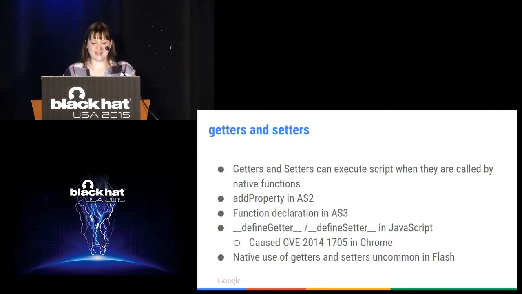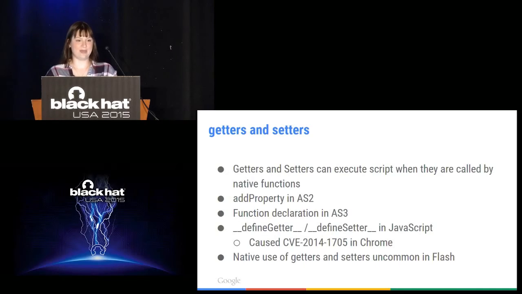The last one is getters and setters. And these are functions that can be defined that execute script when they're called in general, including by native functions. They can be done in ActionScript 2, ActionScript 3, and JavaScript using different functions. And there actually was an issue in JavaScript in Chrome that was caused by this situation.